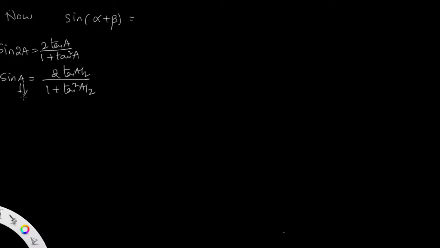In the place of a, we can put alpha plus beta in the expansion. Then this value is 2 into tan of (alpha plus beta)/2 divided by 1 plus tan square of (alpha plus beta)/2.